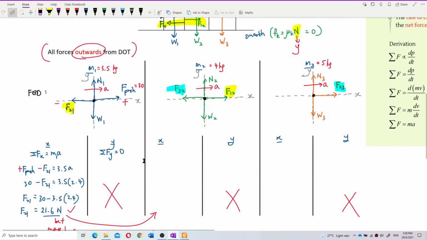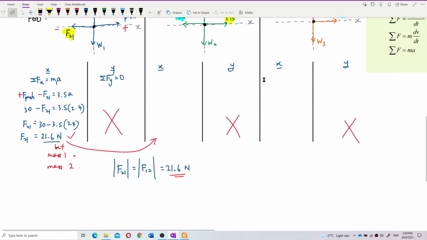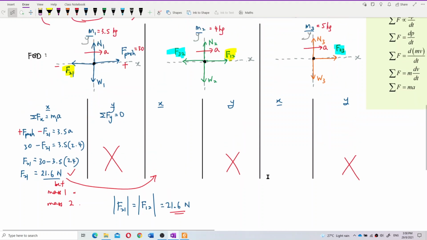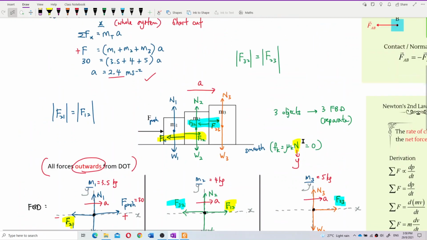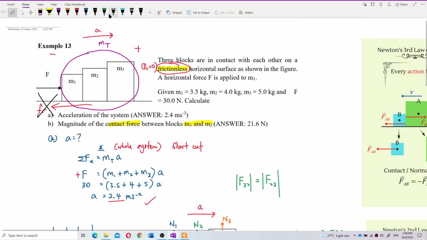This question is already solved, but I want to guide you also for the other objects. What if I add one more question, let's say question C. Find also the contact force between mass 2 and mass 3.